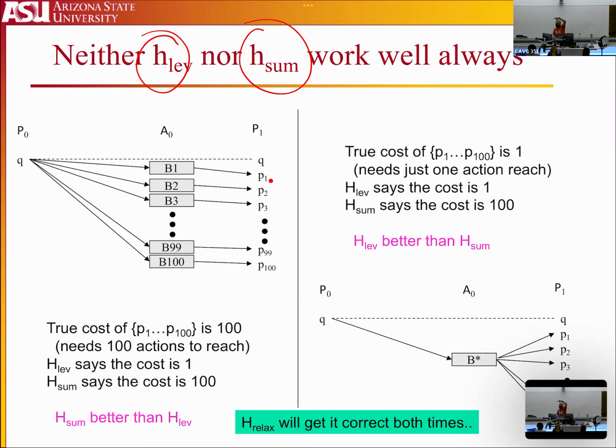So the length of P1 to P100, by the level heuristic, is 1. But really, even if there are no negative interactions, you do need B1, B2, B3 all the way to B100. So level won't be enough in that case. In fact, you actually need to introduce all the actions to support each of them.